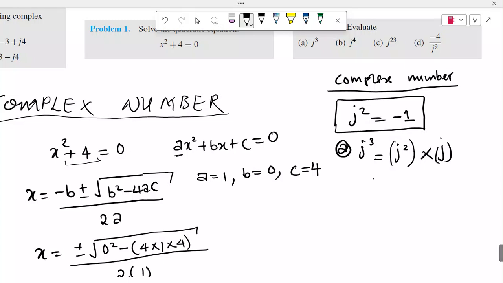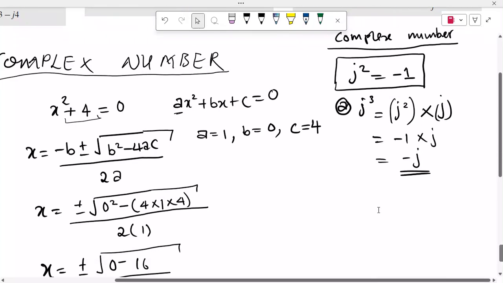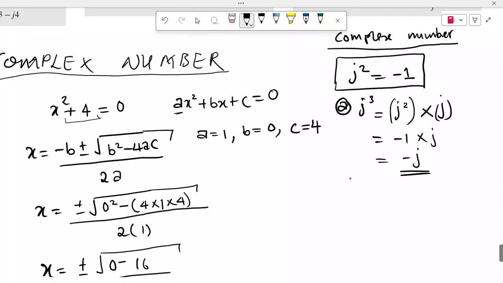Now we know j squared is negative 1, so this is negative 1 times j. So your answer is negative j. Very simple and straightforward. You just have to find a way of expressing it where you have a j power 2 on its own.